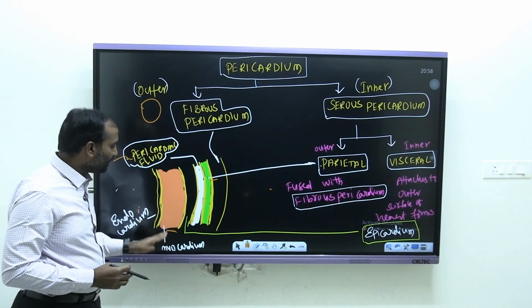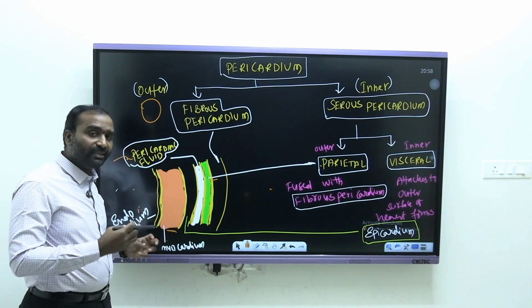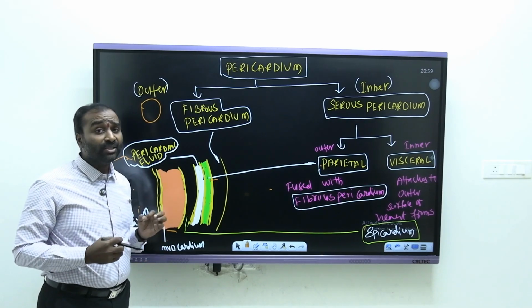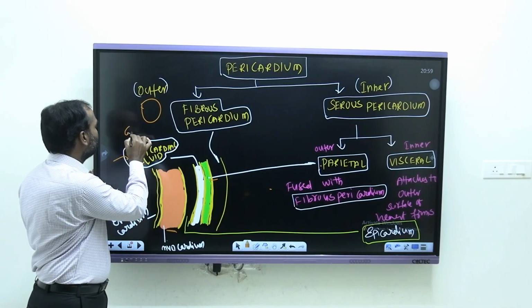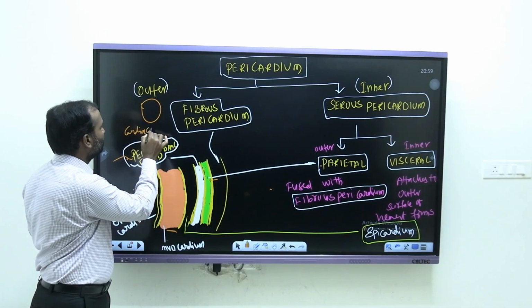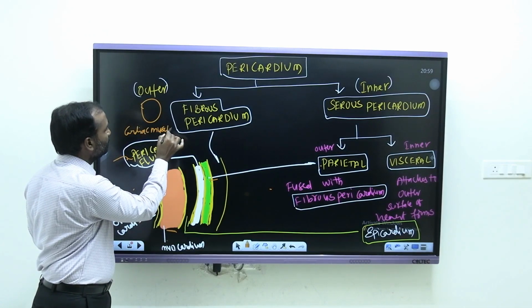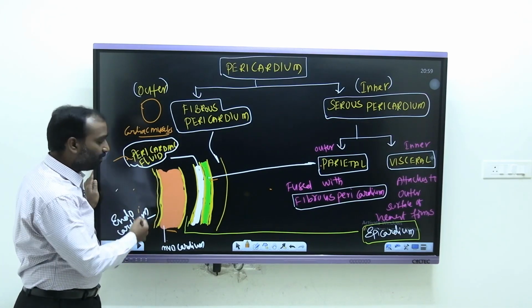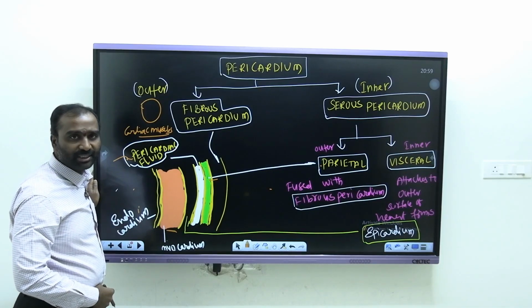So in this area the myocardium is present, and the majority of the heart is composed of muscles only. That we need to remember, those are cardiac muscles. What are those? Cardiac muscles. Okay. Then the last one is endocardium, the innermost layer, right?